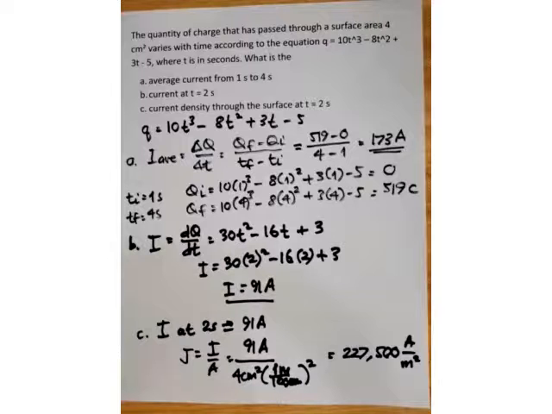Tama, tama. Pero kung ang nakasulat doon is 3 seconds, hindi natin pwedeng gamitin yung 91. Kailangan hahanap tayo ulit ng current at 3 seconds. Nagets ba? Yes, ibang solution nun. Pag hindi 2 seconds yung question sa C, ibig sabihin, maghahanap tayo ng bagong current. Depende dun sa time.